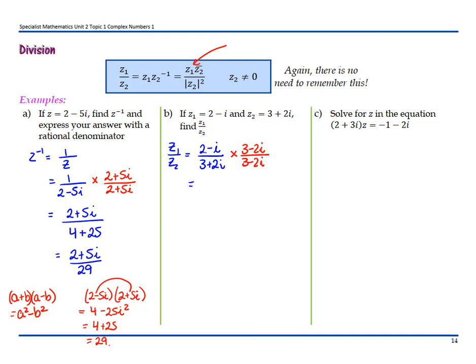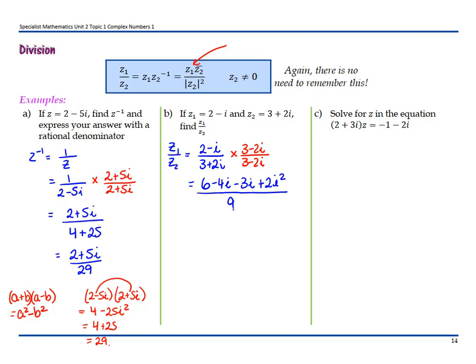Work at the top. 2 times 3 is 6. 2 times the negative 2i is minus 4i. Negative i times 3 is minus 3i. I times negative 2i is positive 2i squared, all over. And the bottom, we know it's just a squared plus b squared.